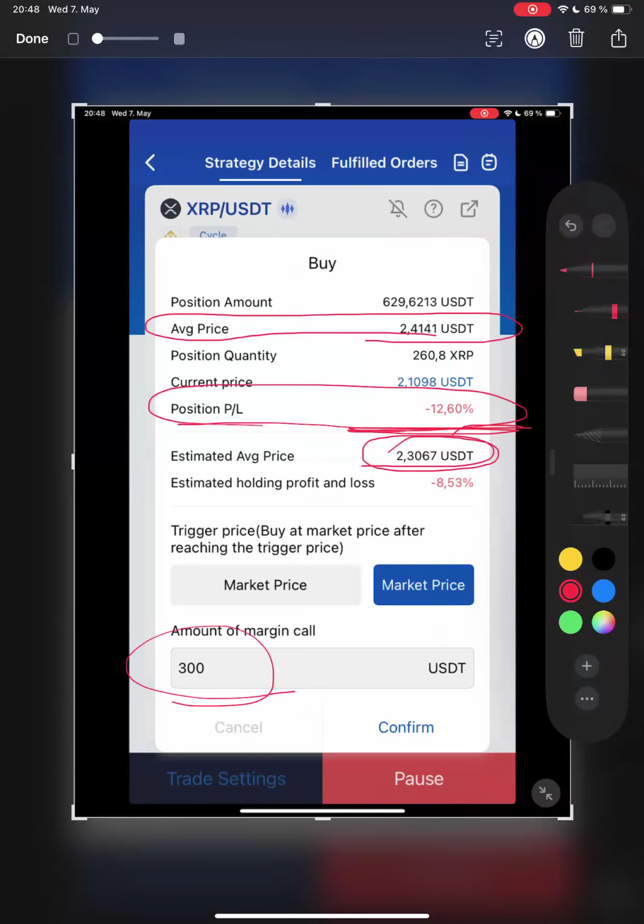Now, when does the robot sell? The robot sells when the current price is more than the average price. So if I've reduced my average price from 2.4 to 2.3, is 2.3 not closer to 2.1 than 2.4? So that is the motive behind buying manually.